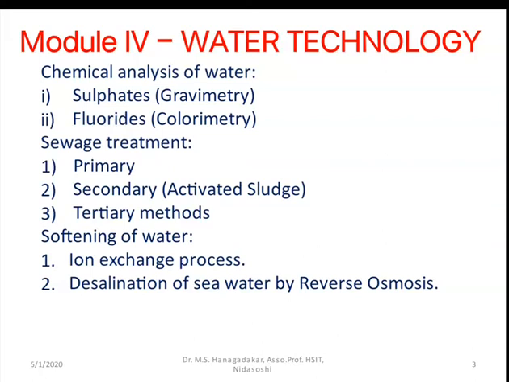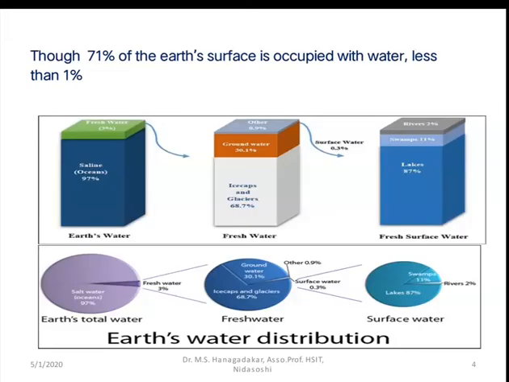So this is the content of the presentation that you will come to know in this water chemistry chapter. Let us begin with the introduction, as I have highlighted some brief introduction of water chemistry before the commencement of this one.